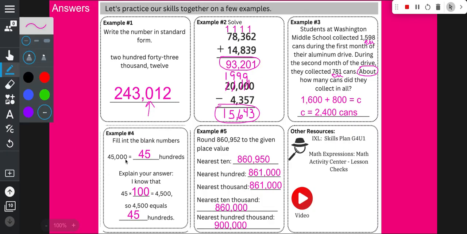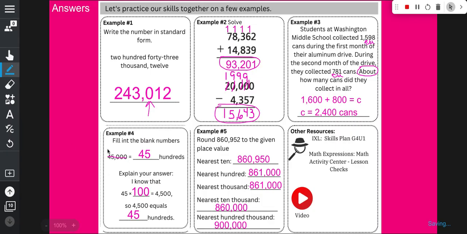So I'm going to change one number here. This number right here is going to be 4,500. That one ended up with one too many zeros. Okay, so how many hundreds are in that? There's 45. Because I know that 45 times 100 is 4,500. So 4,500 equals 45 hundreds.